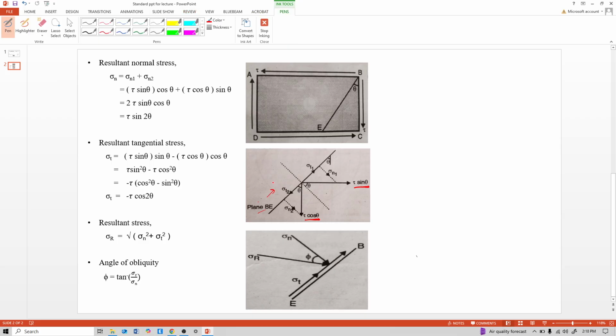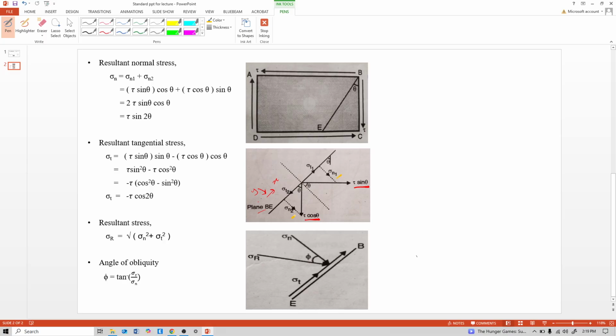This is the x-axis and this is the y-axis. So the resultant normal stress is sigma n is equal to sigma n1 plus sigma n2.